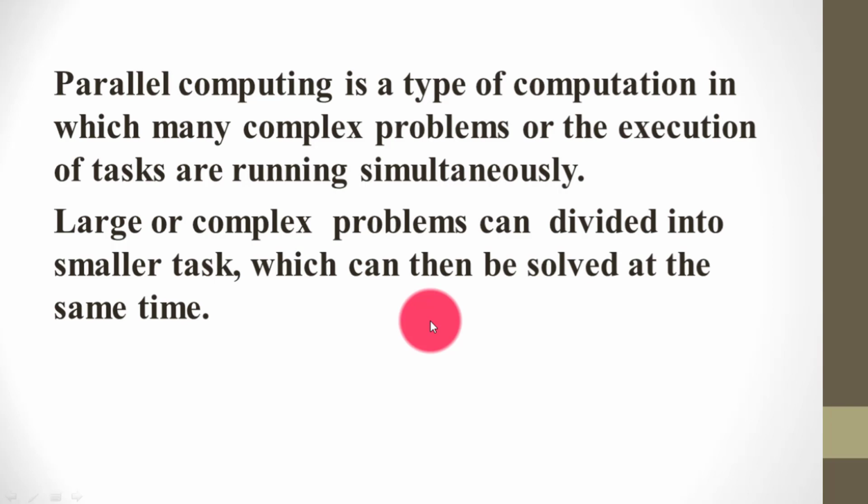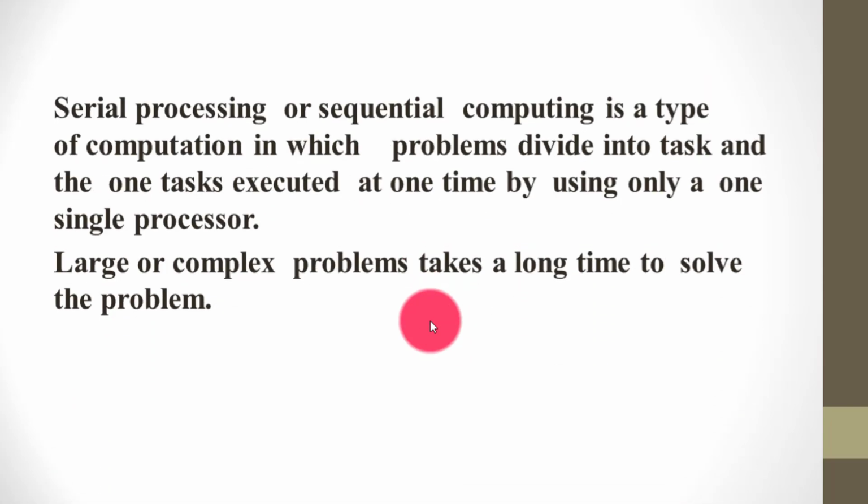But before parallel computing there was another computing technique, called serial computing. So now let's see what serial computing is. Serial processing, or sequential computing, is a type of computation in which the problem is divided into tasks and one task is executed at one time by using only a single processor.